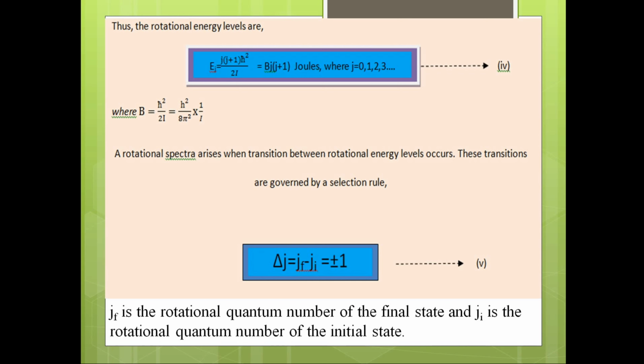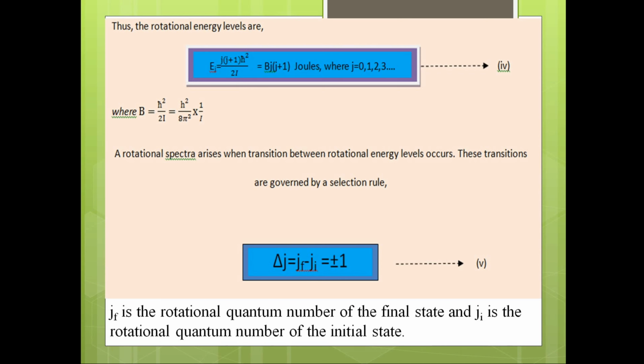So what we find, rotational spectra arises when transition between rotational energy levels occurs. These transitions are governed by a selection rule. By selection rule, we mean that energy can go from one state to another only following this change of rotational quantum number by 1. Either it can be plus 1 or it can be minus 1.